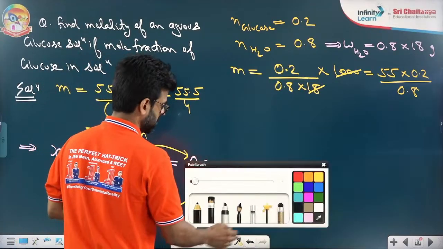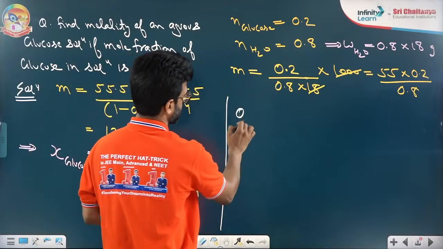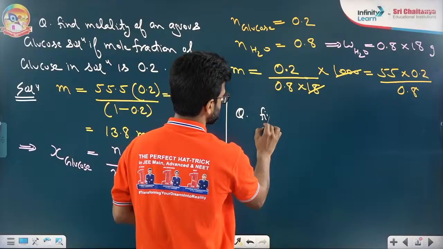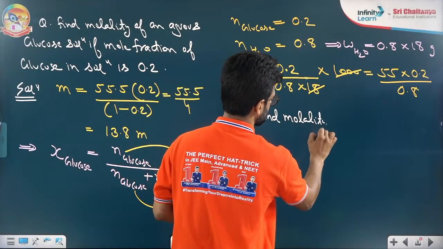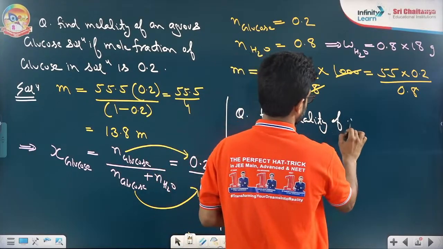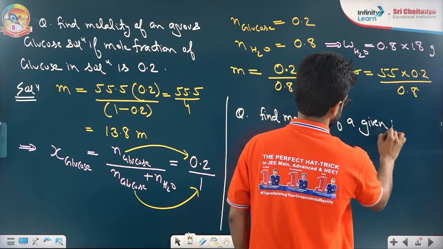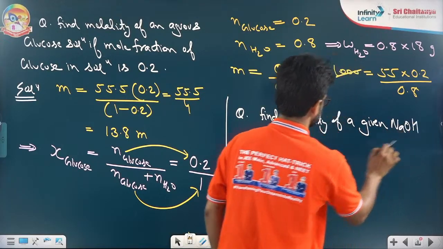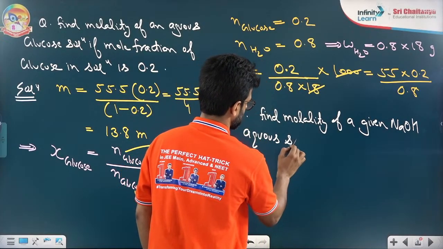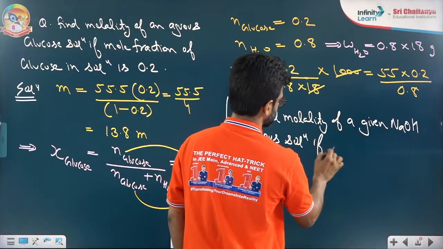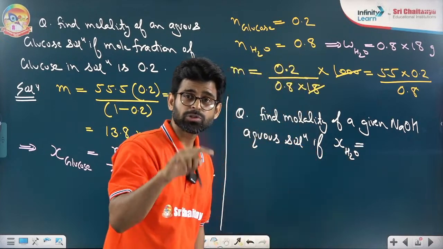Now, on the same basis, one more question I'm giving. Please try. Find the molality of a given NaOH aqueous solution, if the mole fraction of water in the solution is 0.9.